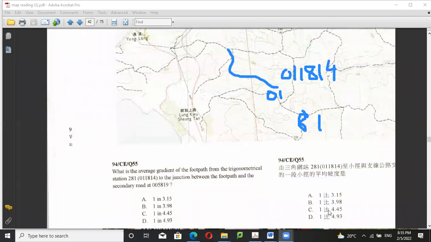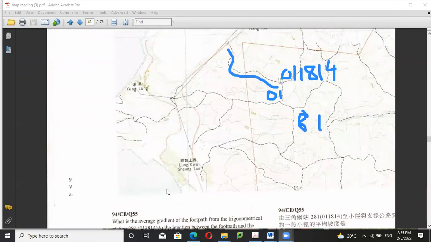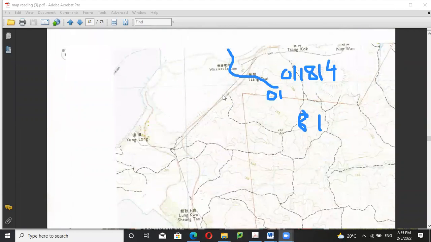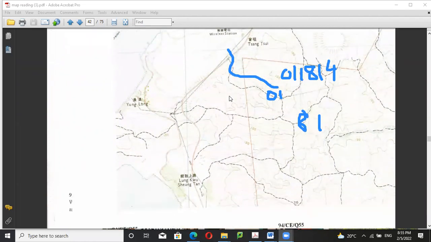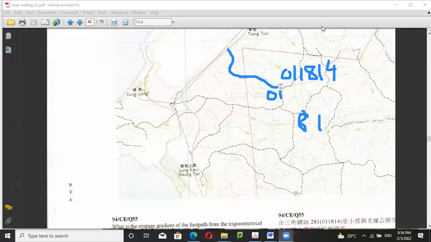Because it is asking for 005819. Then you can find out 005 is here, and 819 is almost there, almost at the margin.